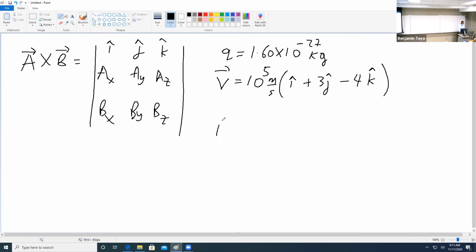And the magnetic field is given by 0.5 Teslas, pointing in this direction here. Now, if you have something like this, then this would be the best type of problem where you can use this.